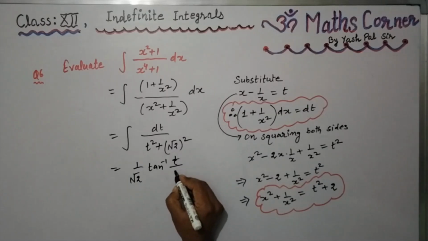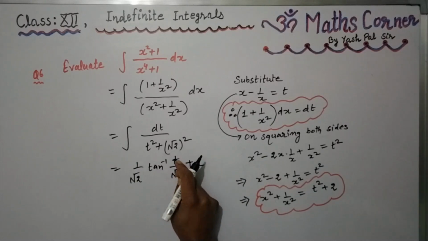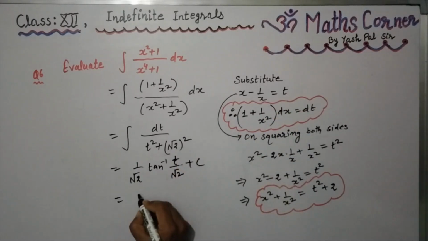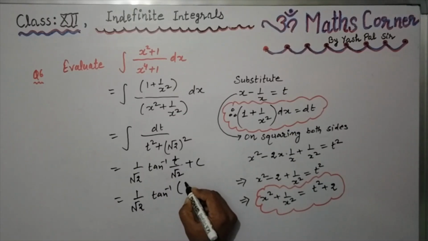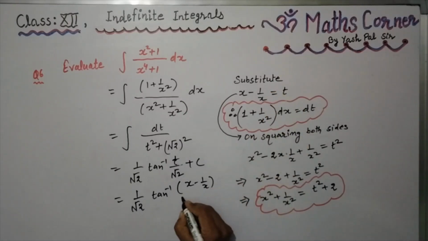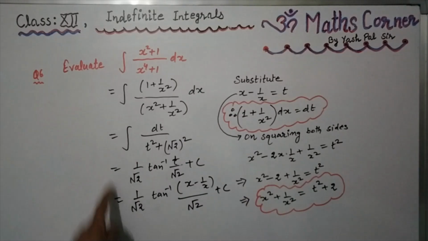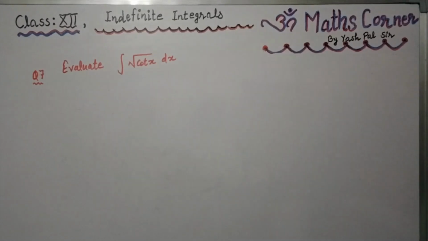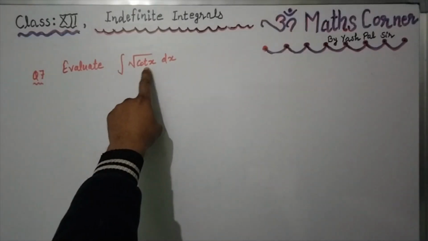So again this is equal to 1 upon square root 2 tangent inverse t upon square root 2 plus c. Now taking the original value of t, this becomes 1 upon square root 2 tangent inverse, what is t, x minus 1 upon x upon square root 2 plus c. So this was our question number 6.